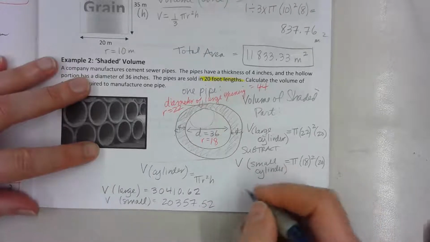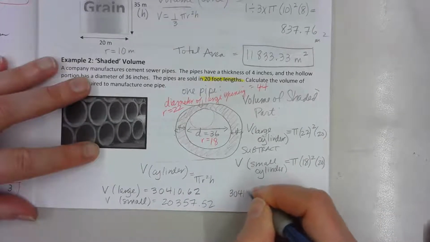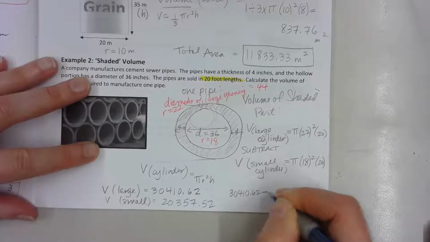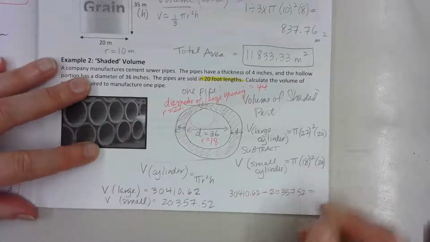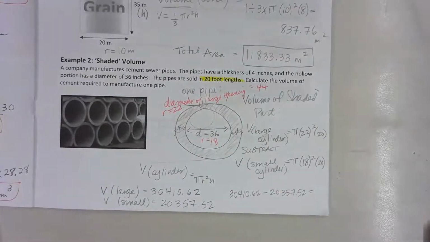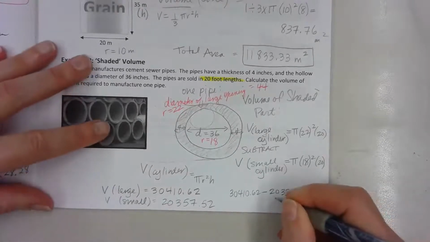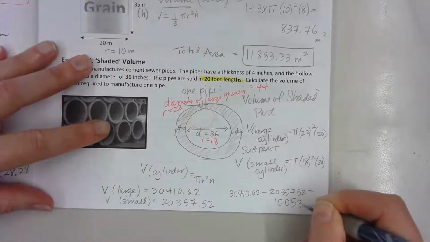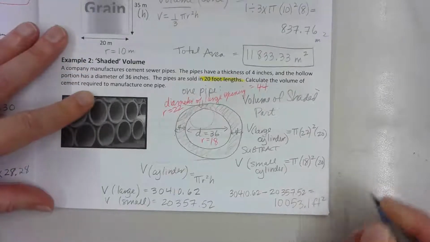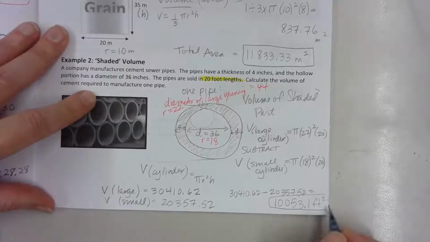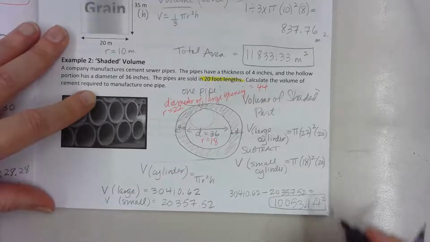And if I subtract these two, 30410.62 subtract 20357.52, I get 10,053.1 feet squared. Okay, so that would be the answer.